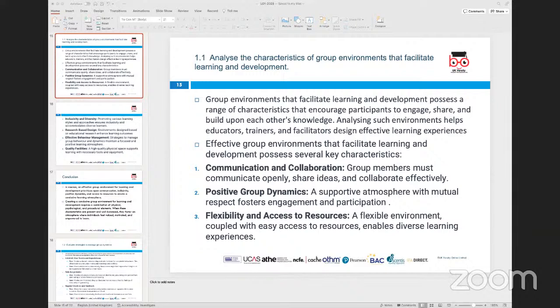Vygotsky's sociocultural theory emphasized the importance of social interactions and collaboration in the learning process. Some of the key characteristics that he proposed in this framework looked at the group environment that facilitates learning and development, and that has formed the basis of his framework.